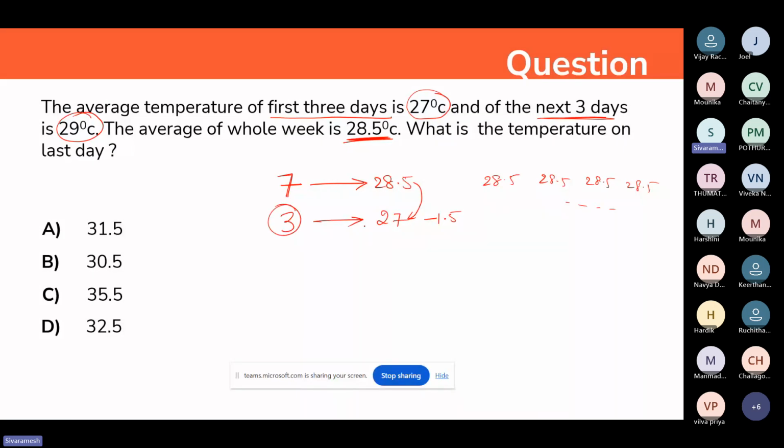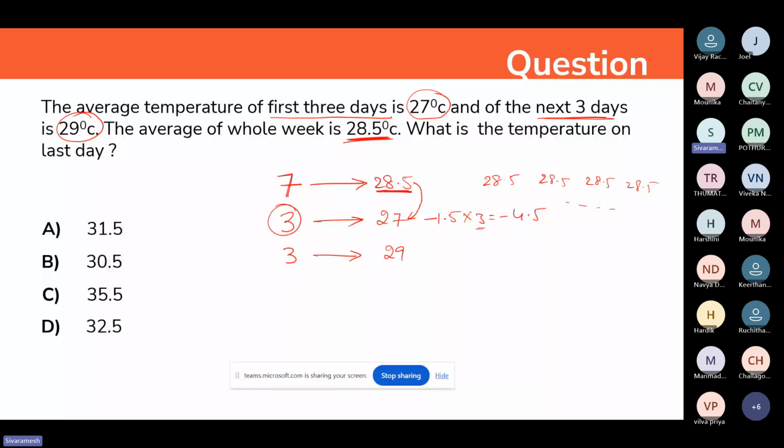Likewise, for 3 days, 1.5 into 3 is minus 4.5, because each day decreased. First 3 days 27 means the first day is 27, second day 27, third day also 27, so each day decreased by 1.5. That's the reason I multiplied by 3. Next, the next 3 days' temperature is 29, but we assumed every day is 28.5.